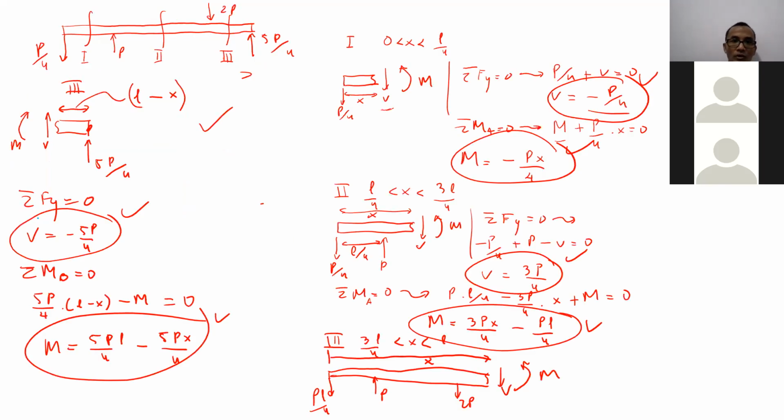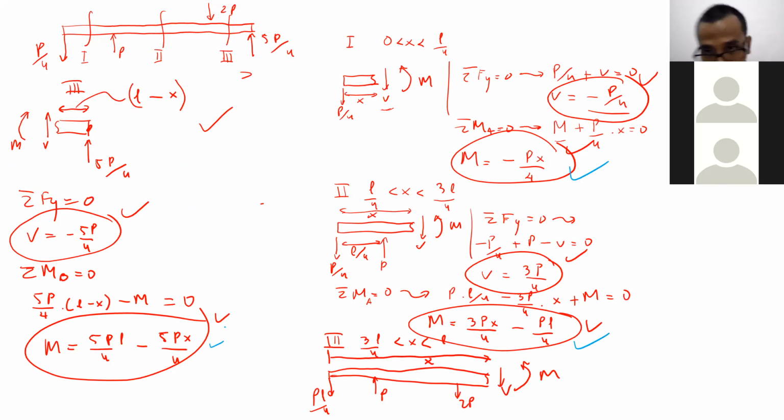Now let's go for the moment. For the moment, we start with this one for the first section, then this one for the second section, and then this one for the last one.